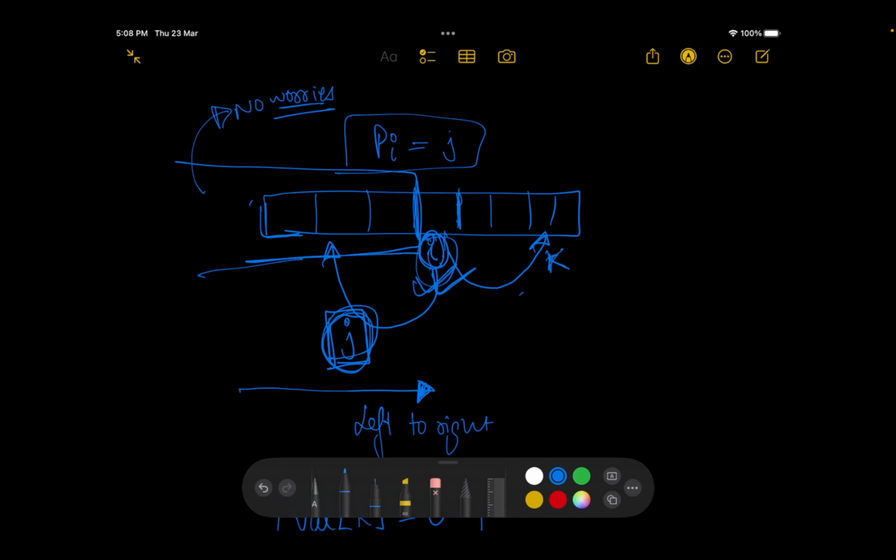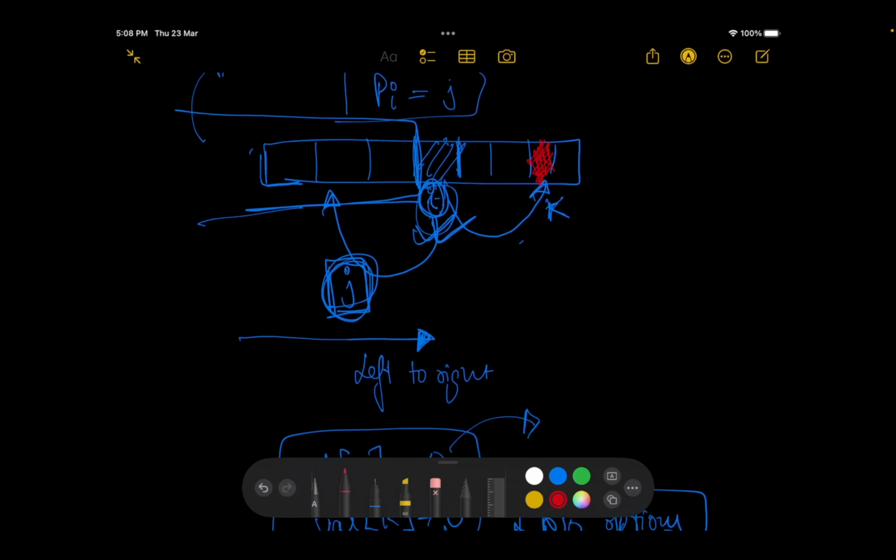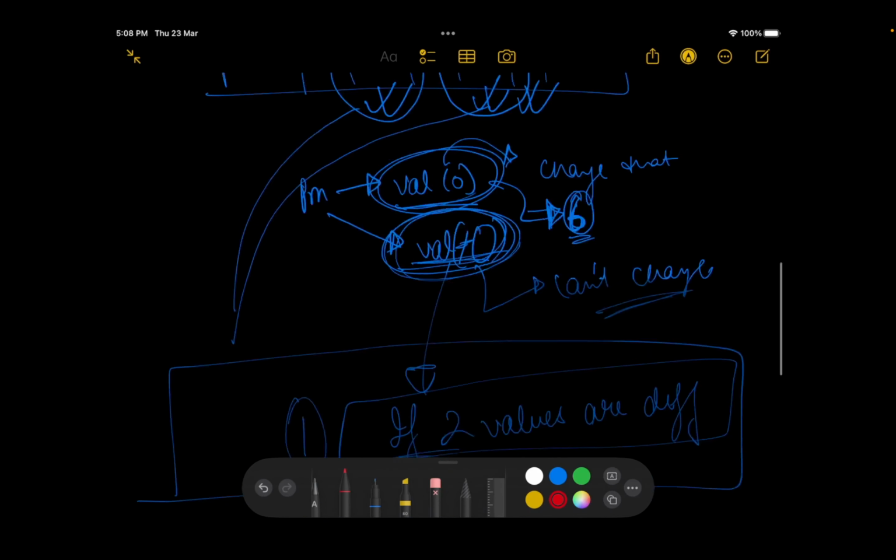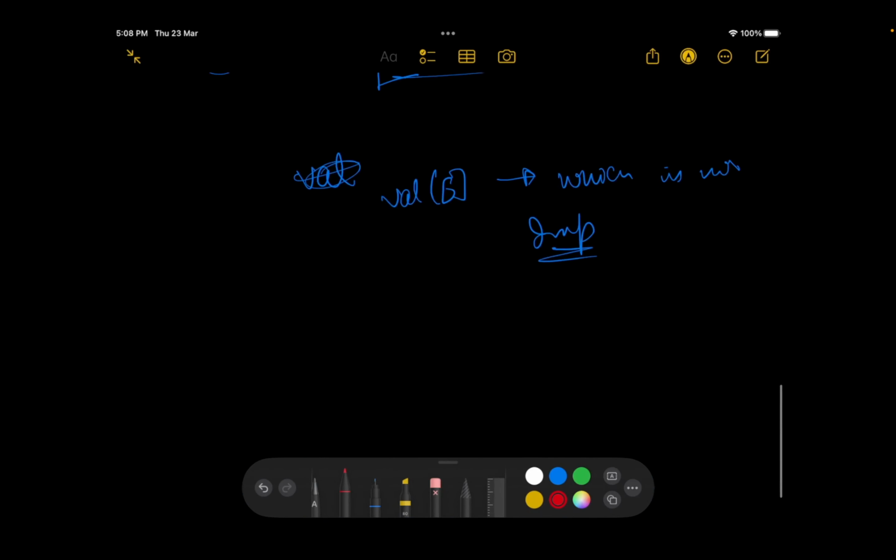Like this particular node was depending on this particular value, so this was important. So the red one is important. All the nodes which have a value 0 but are not red, or which are not important, would be the ones where we can put any value. So we can put any value from 1 to m in it. From 1 to m, any value can be put over here.